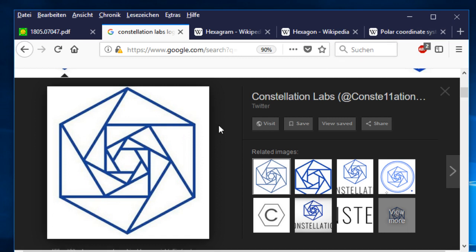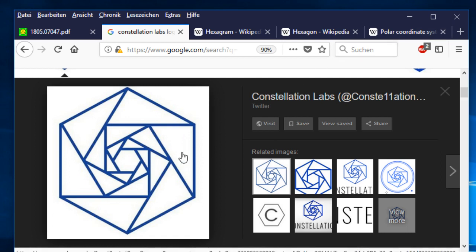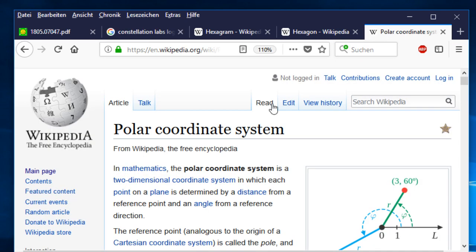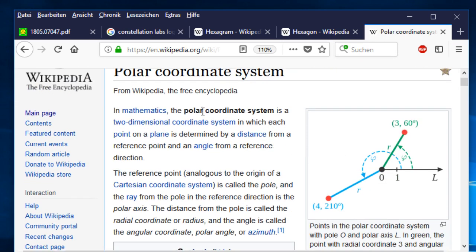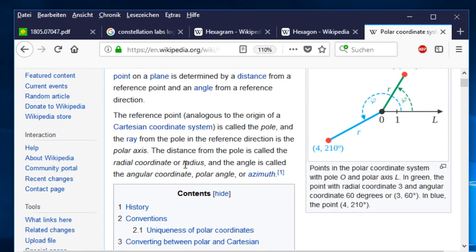Since I expressed the whole problem in terms of radius and an angle, we're going to use polar coordinates, which is the parameterization of points using exactly these two values.